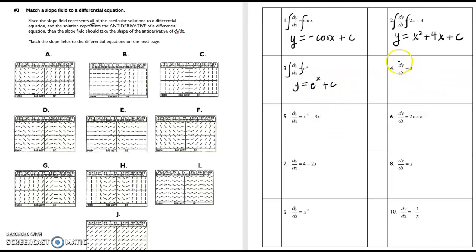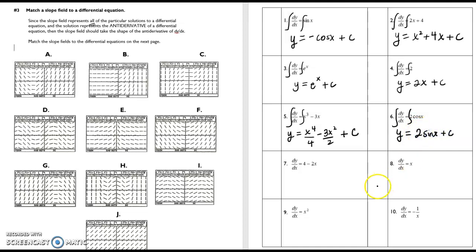Number 4, our antiderivative of 2 would be 2x plus a constant. Number 5, we'd have y equals x to the 4th over 4 minus 3x squared over 2 plus a constant. Number 6, the antiderivative of 2 cosine x would be 2 sine x plus a constant.